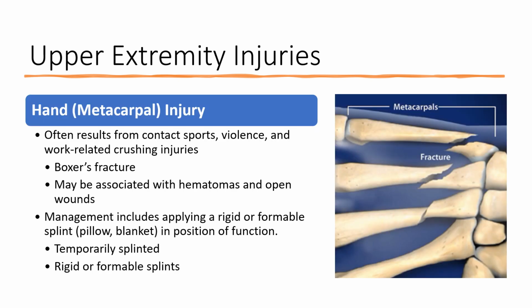So hand or metacarpal injuries are next, often results from contact sports, violence, work-related crushing injuries. Talk about a boxer's fracture, and that typically happens on more the knuckle area, usually, and down into the carpals and metacarpals themselves, and more the metacarpals. So metacarpals, carpals, and then your phalanges are the distal part.